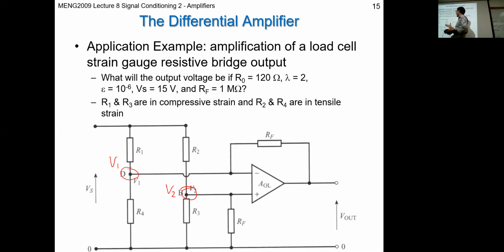For parallel resistors, the total resistance is R1 over R1 plus R4, plus R4 over R1 plus R4. So that's how you calculate the parallel resistance, and that's what you use.